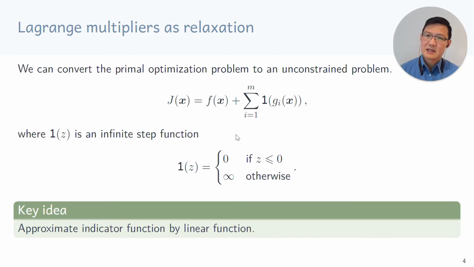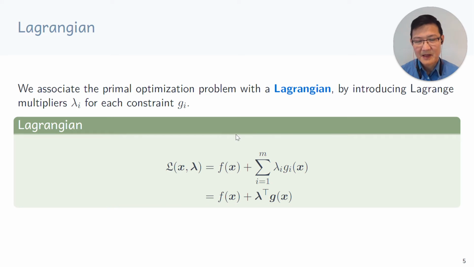The key idea for Lagrange multipliers is to do a relaxation of this type of function. So instead of an indicator function, we introduce a Lagrange multiplier. Same as before, we write down the objective function f, and we add the constraints to the objective function.